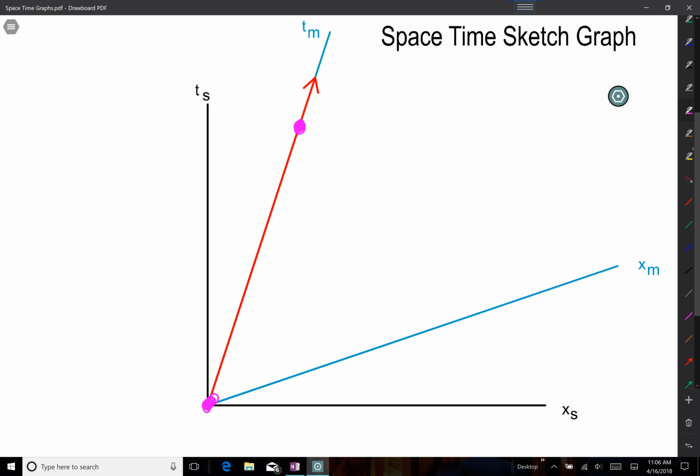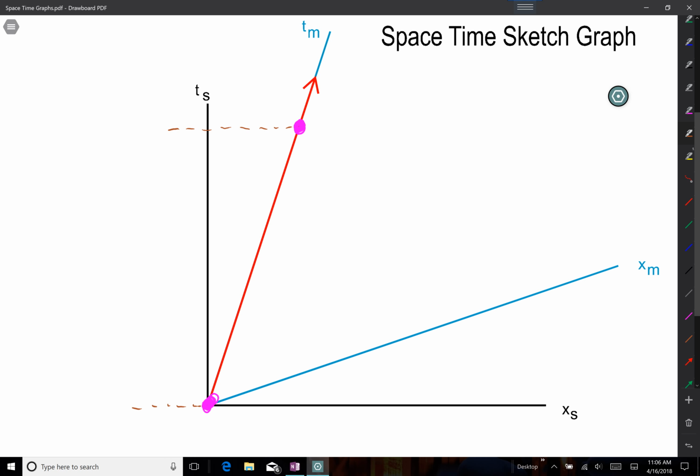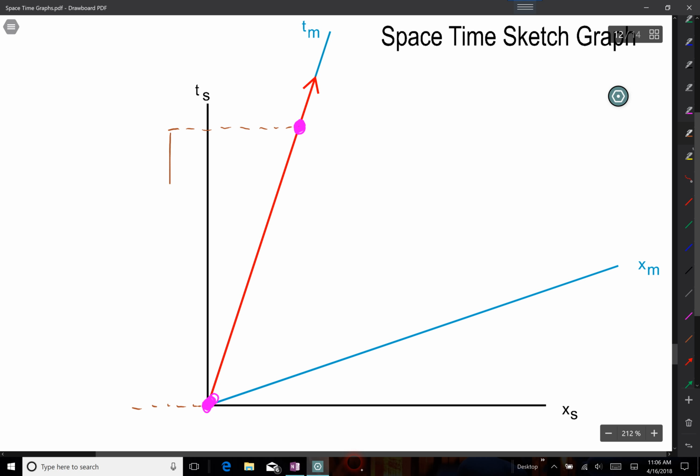And if we wanted to measure, it's the person in the perpendicular reference frame who's measuring the time of this commute, right? How much time there is in the commute. And that's here.